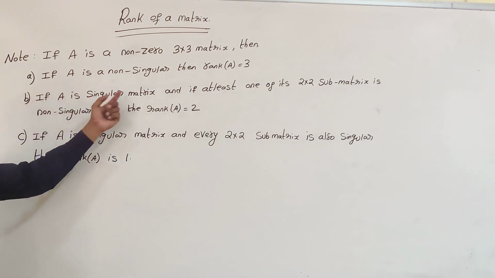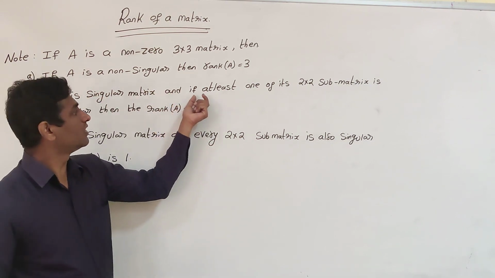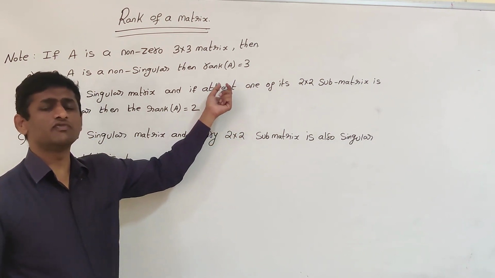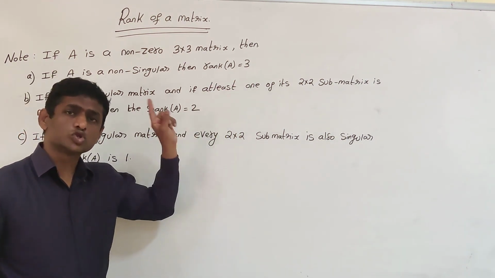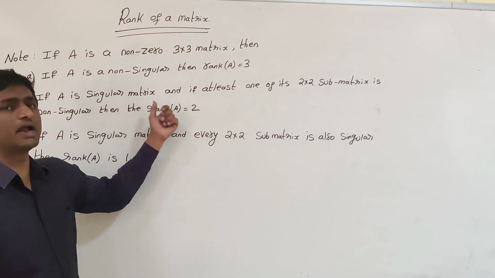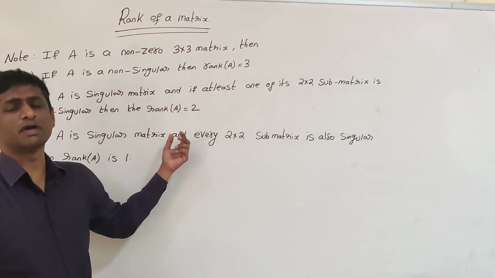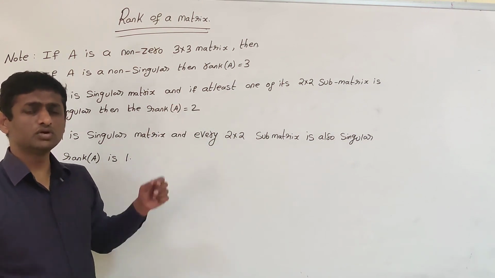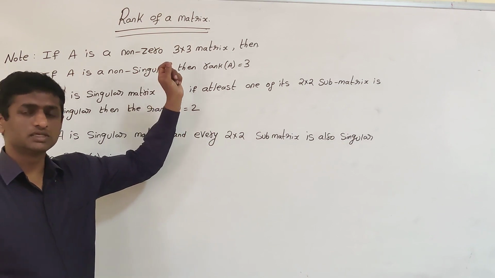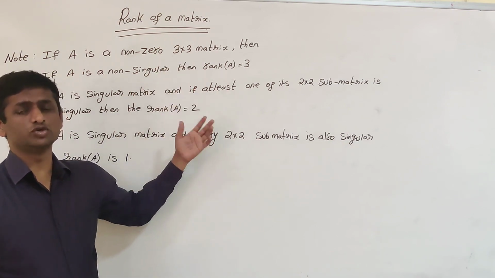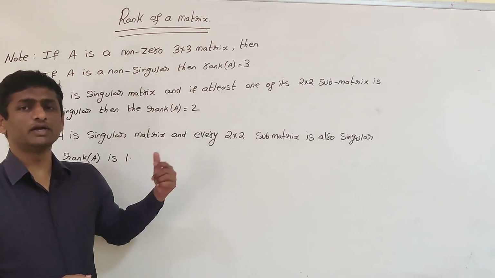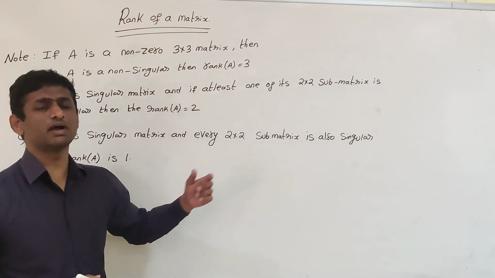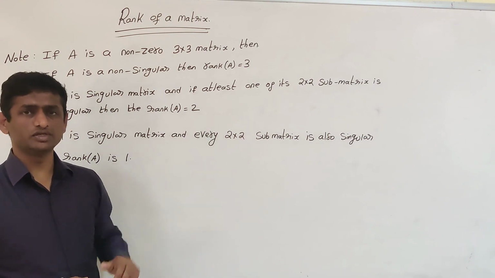If A is a singular matrix and at least one of the 2 by 2 submatrices is non-singular, then the rank of the matrix will be 2, because the maximum of orders 1 and 2 will be 2.